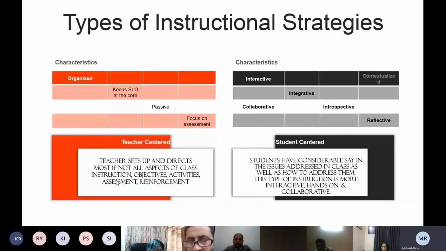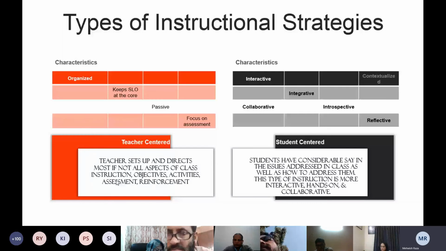They are engaged in different activities. They are engaged in maybe research.